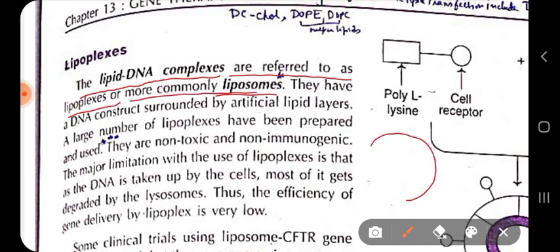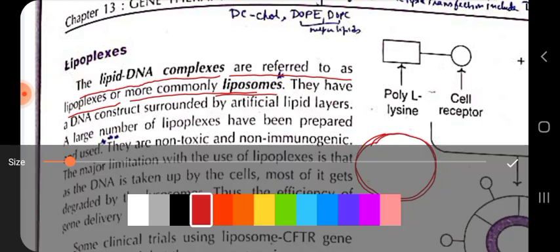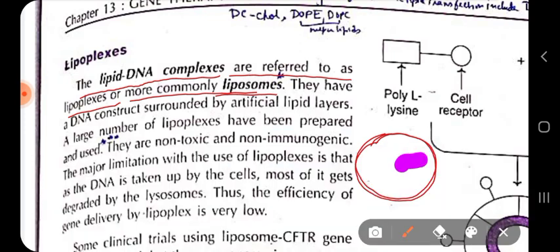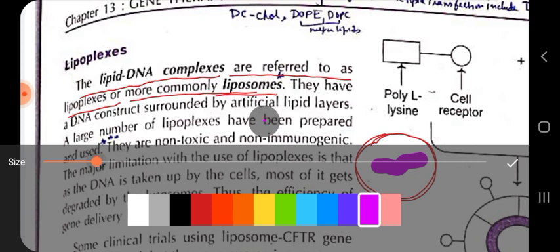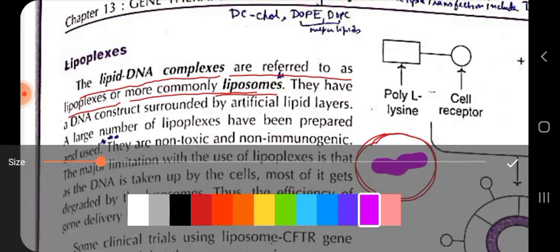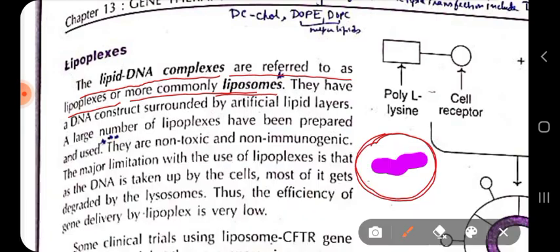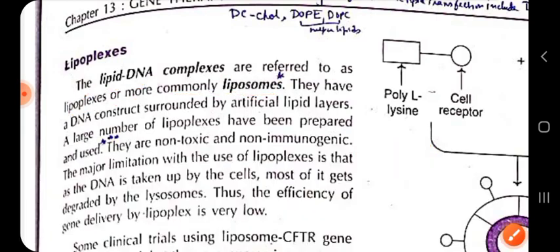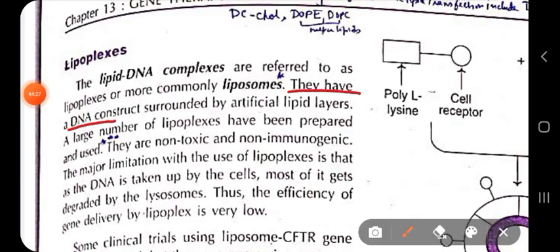So we will have a liposome, a lipid vesicle here. Within the lipid vesicle, we will have our desirable DNA. Now let us see what it says about liposomes and lipoplexes. It says they have a DNA construct surrounded by artificial lipid layers.